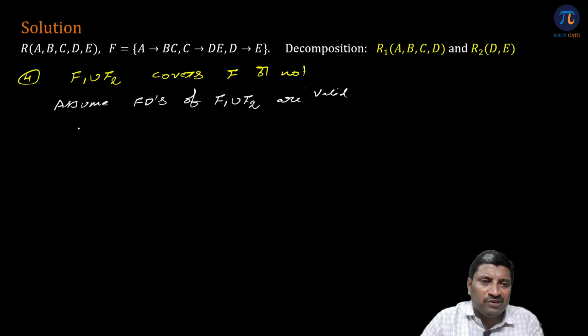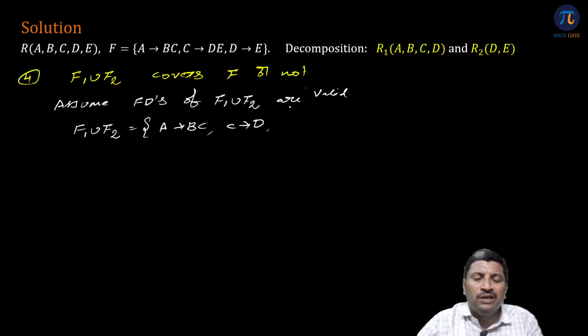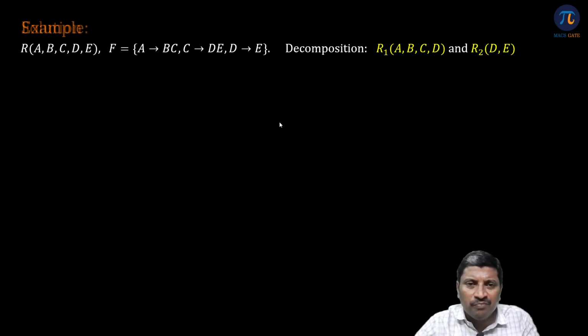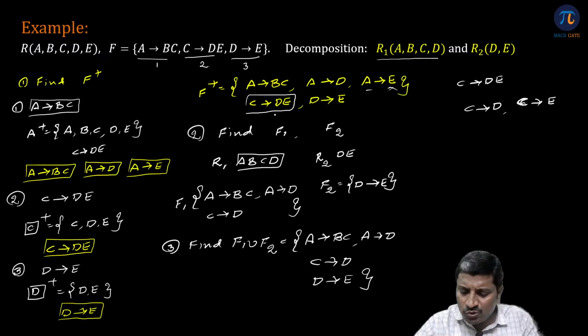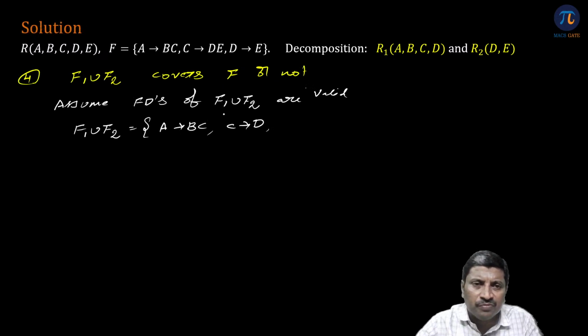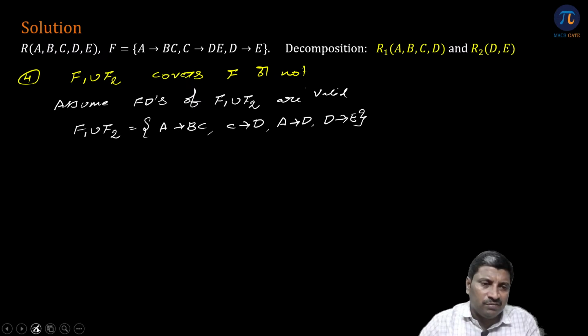What are the FDs of F1 union F2, sir? A goes to BC, C goes to D. Then what else, sir? A goes to D, D goes to E. These are the FDs in F.